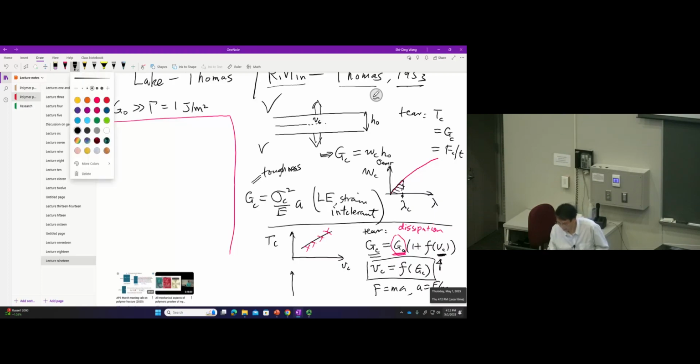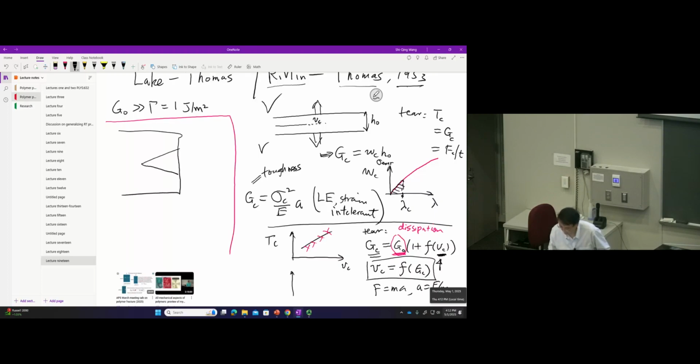But let me come to their model, okay? So basically, they are thinking about a crack that's growing into your sample. And they imagine, if you blow it up, one of these chains was breaking.